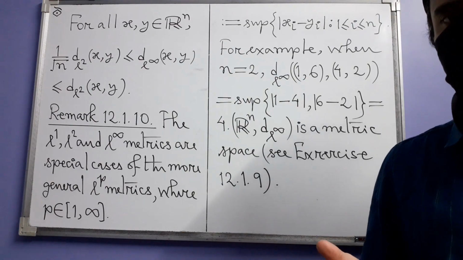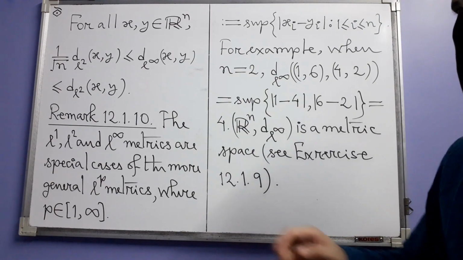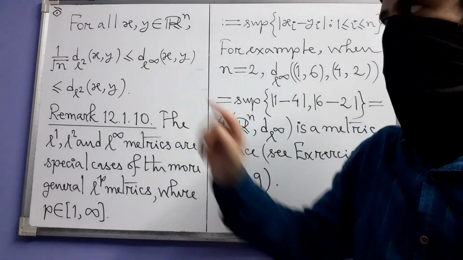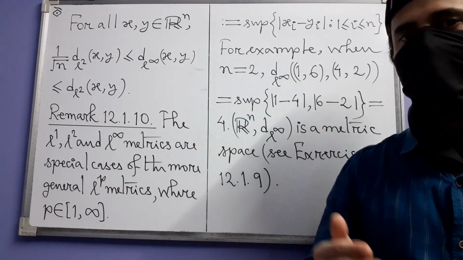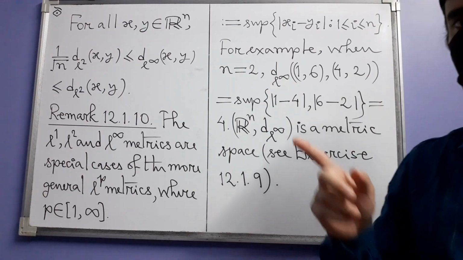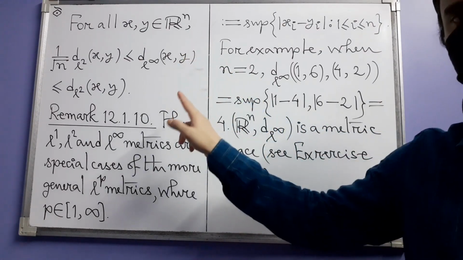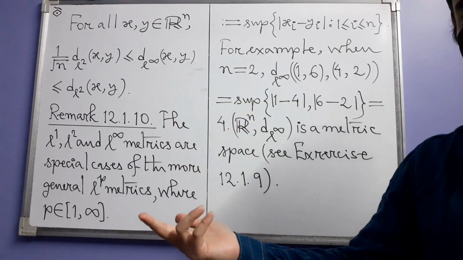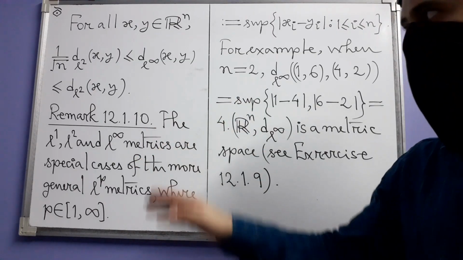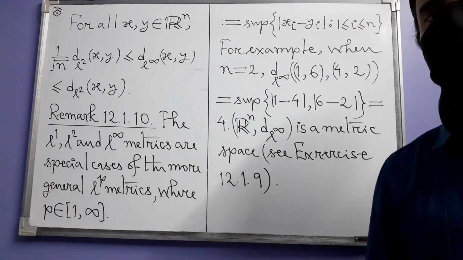For any two elements x and y in Rn, 1 divided by square root of n times the d_l2 distance between them is less than or equal to the d_l infinity distance between those 2 points, which in turn is less than or equal to the d_l2 distance between these 2 points.